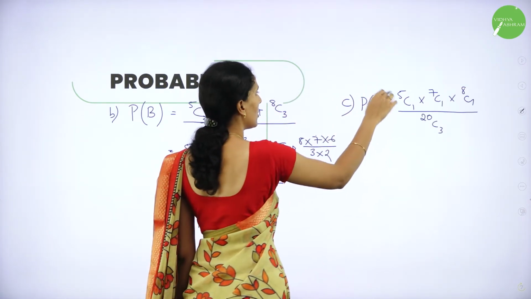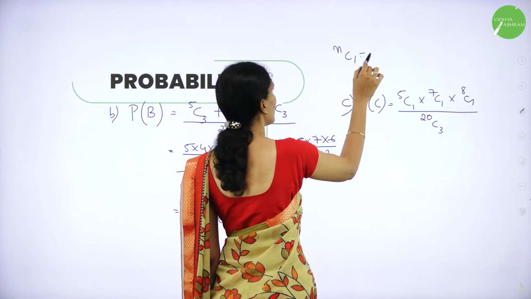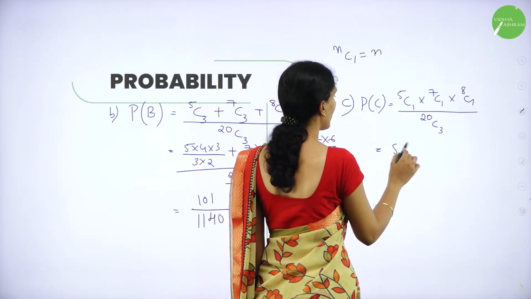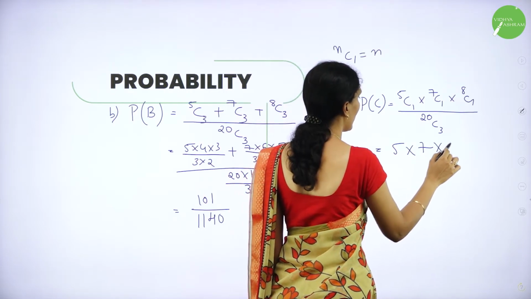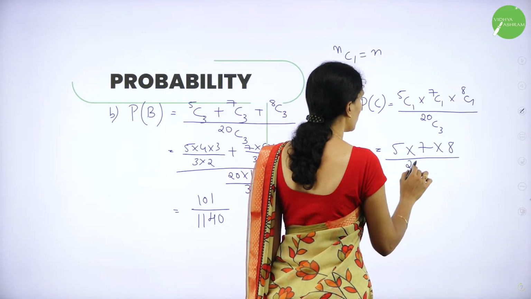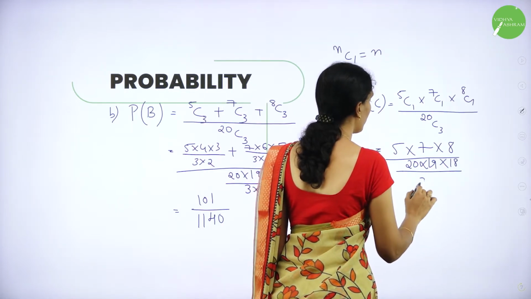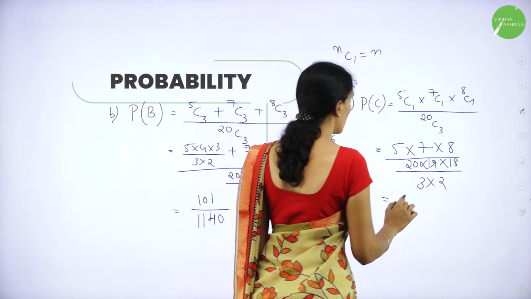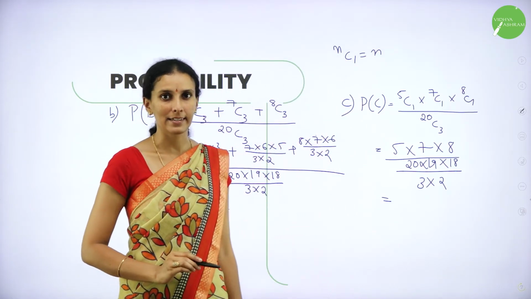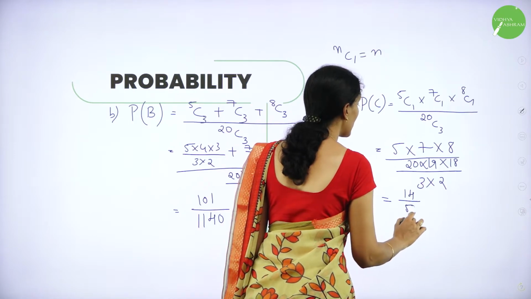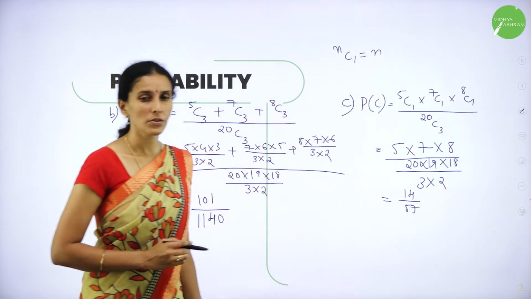A simple calculation here: we know NC1 is equal to N. So 5C1 is 5, then 7, 8, divided by 20, 19, 18 all divided by 3 into 2. On calculating this, I will get 14 by 57.